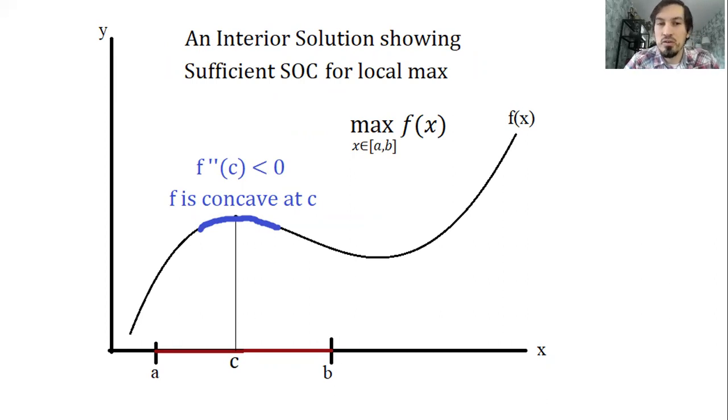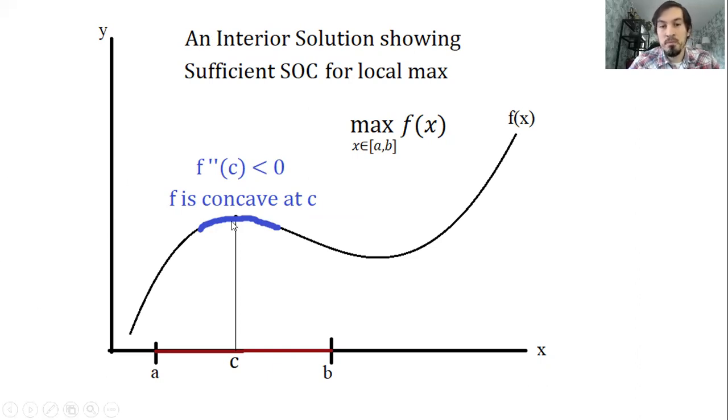Now we'll get technical in terms of what it means to be sufficient versus what it means to be necessary for a second order condition. What I have here in blue is not the necessary, it is the sufficient second order condition for local maximization.